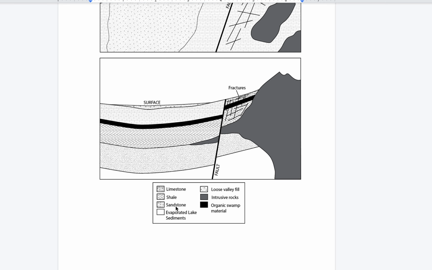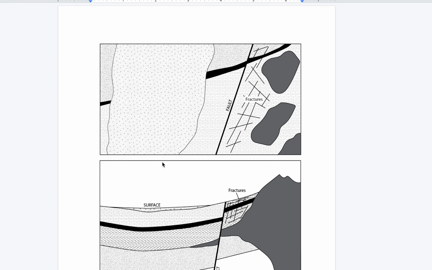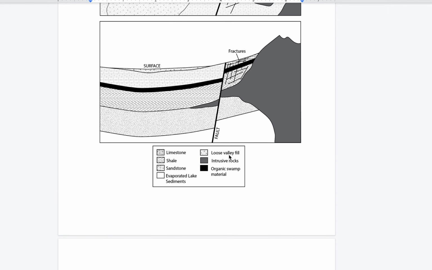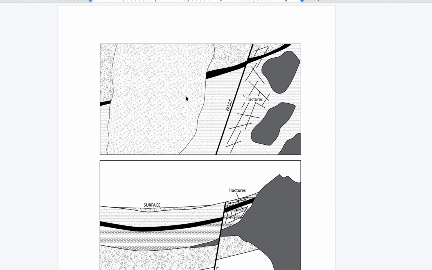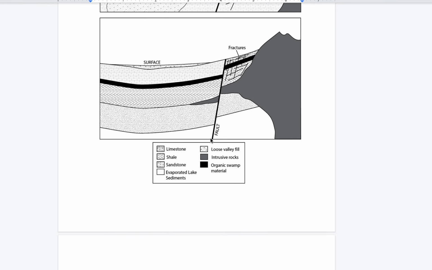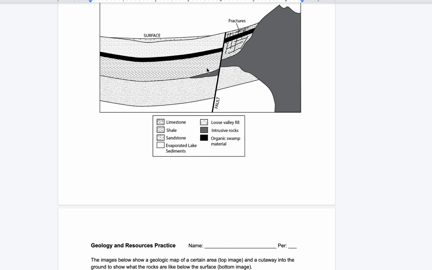Then sandstone, which is right here on the side. Then you have some shale. We have shale here by those dashed lines, but we don't have shale here. I wonder why. Oh yeah, because it's underground as well.